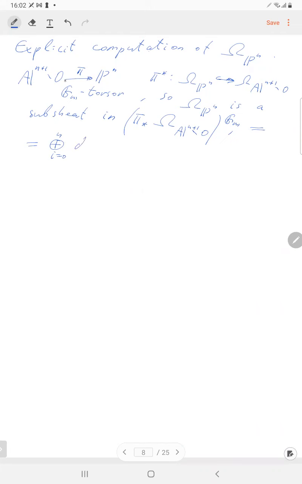So they are differentials of the coordinates, and the coordinates, with respect to this multiplicative group action, have weight 1, right?